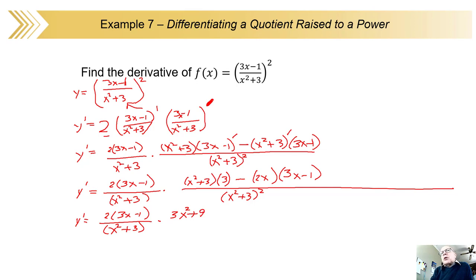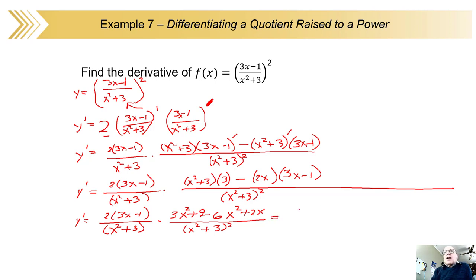Now over here, I'm going to be multiplying negative 2x times the 3x minus 1. So negative 2x times 3x is negative 6x squared. And then negative 2x times negative 1 is a plus 2x. And keep that x squared plus 3 squared in the bottom.